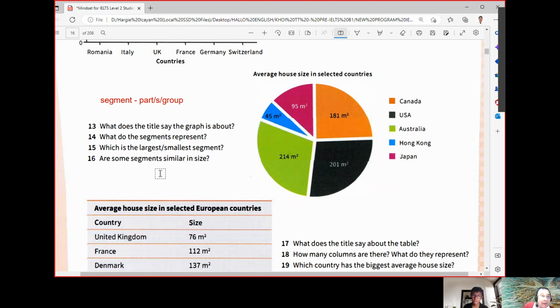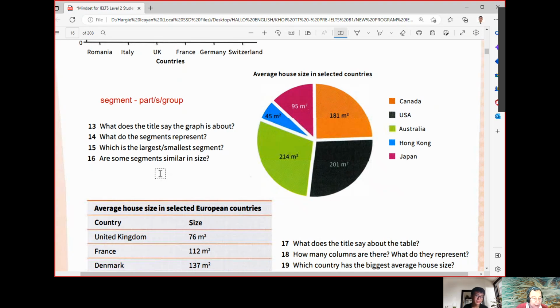Next, number 15. Which is the largest segment? I think the three groups are approximately similar in size. The first one is Australia, the second one USA, and the last one Canada.